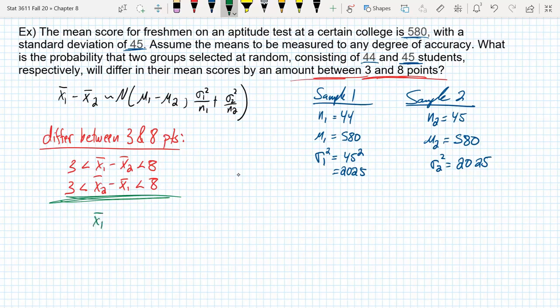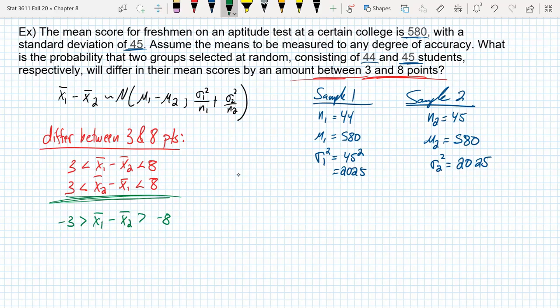Here we're going to have x1 bar minus x2 bar multiplied by a -1, and then you're going to be changing your bounds, -3 and -8. But remember, when you're working with inequalities and you multiply by -1, you reverse the direction of the inequality.